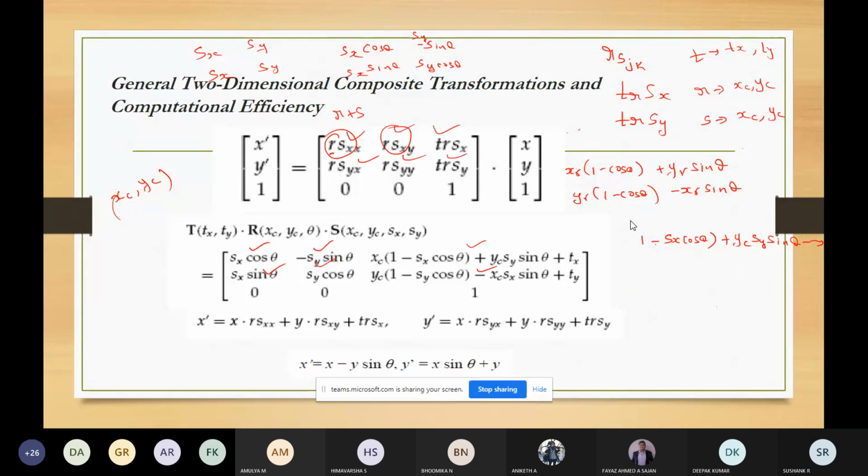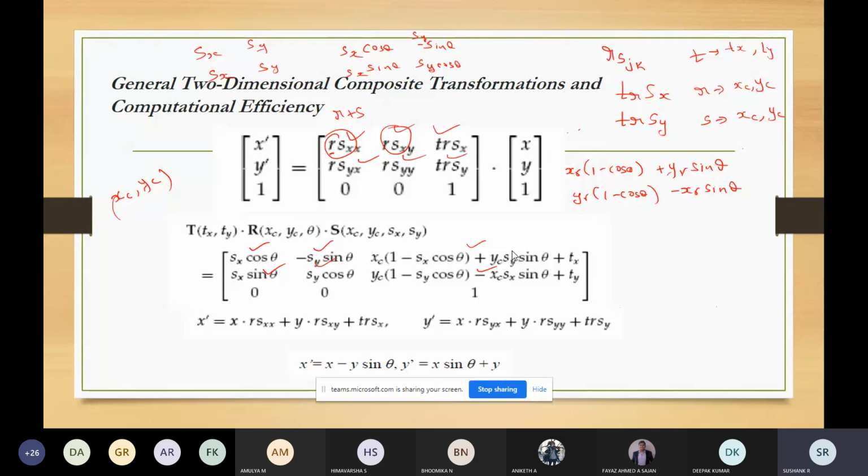It's not about memorizing, it's about understanding. If you understand those three basic transformation formulas, you can extend the same thing to composite transformations also. So I just derived that.